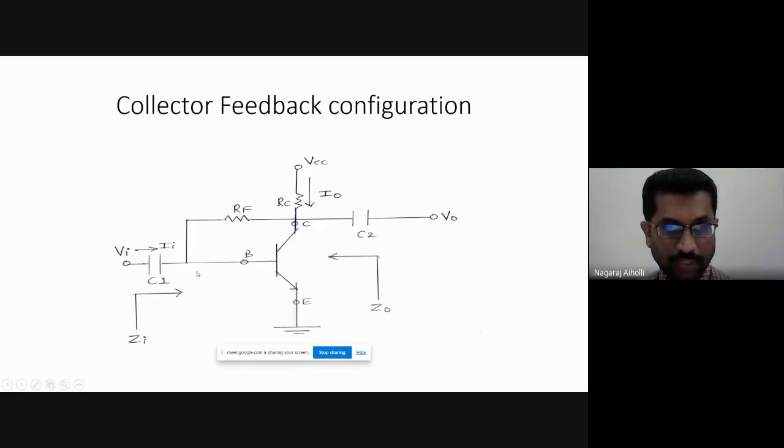The input voltage is fixed, and the output voltage goes on increasing because it is an amplifier. All the configurations, common base, common emitter or common collector, are amplifier circuits; they amplify the applied input signal. As the output voltage increases, the difference between input and output voltage decreases, and that is how we say the stability of the system is increasing.